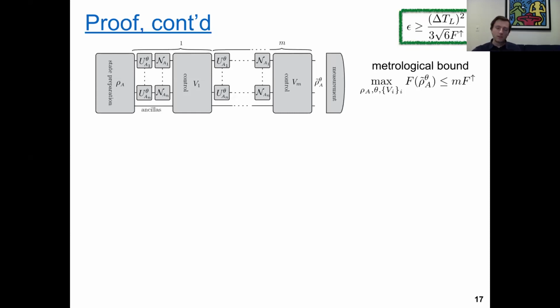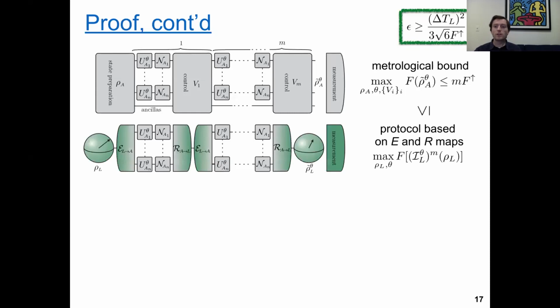But this bound is applicable to any setting. So in particular, if we consider a protocol based on the encoding map E for our code and the recovery R, we would also not violate the quantum metrological bound in that case. So we can optimize over the input state and the parameter theta.